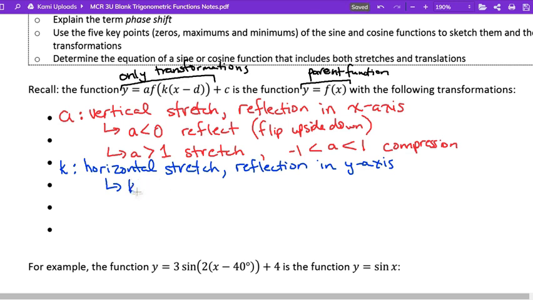If k is less than 0, so if it's negative, we reflect. Which axis is the monkey bar around which the function spins? The y-axis. It's like you're spinning sideways, so we're reflecting in the y-axis.